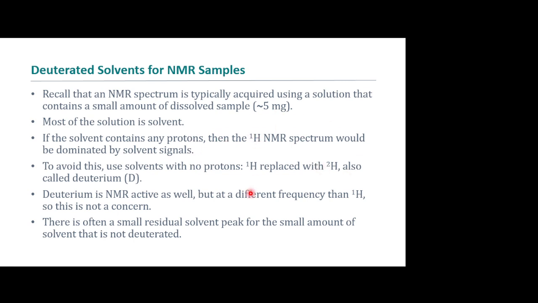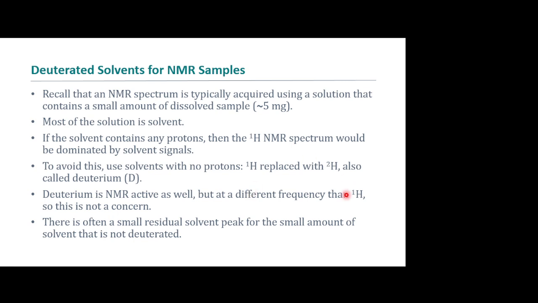And so what you can actually do is replace your protons with something that's going to show up in a different place and be much harder to actually see within your spectrum, right? Specifically, you're going to replace them with deuteriums.